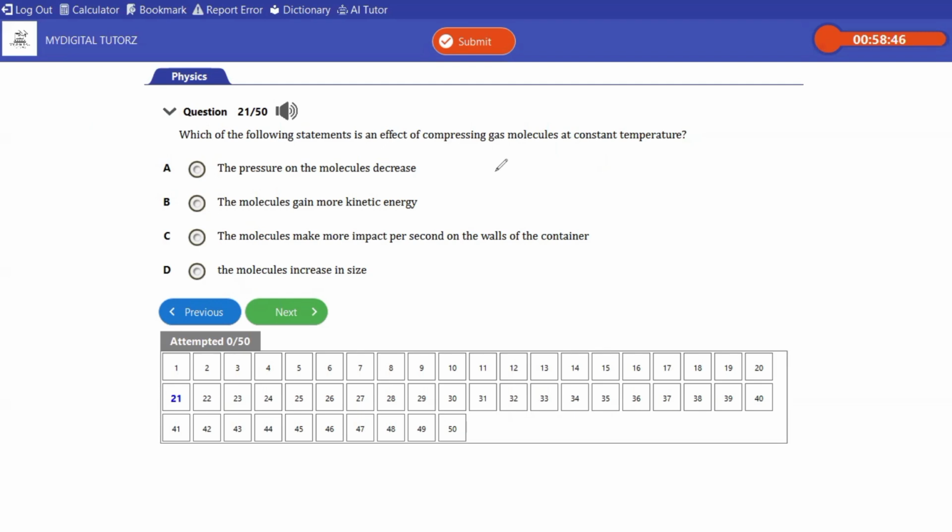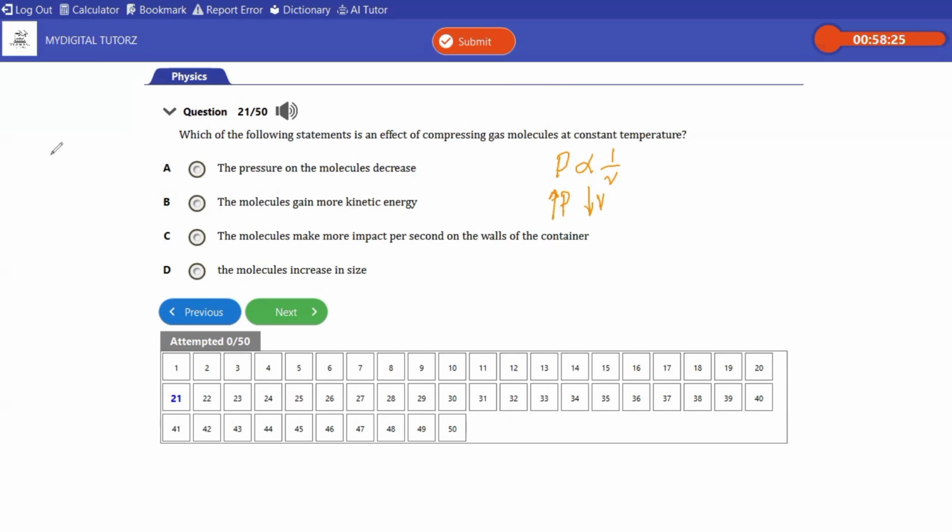The pressure will increase. That is, P is inversely proportional to the volume. Are we together? So an increase in pressure will lead to a decrease in volume, or a decrease in volume leads to an increase in pressure.